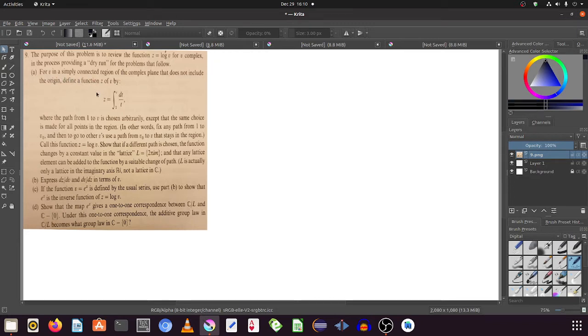So it's defined for a simply connected region. We'll just draw it. Let's do that down here. So the complex plane, and the function we are working with is 1 divided by z, which has a simple pole at 0 with residue unity.